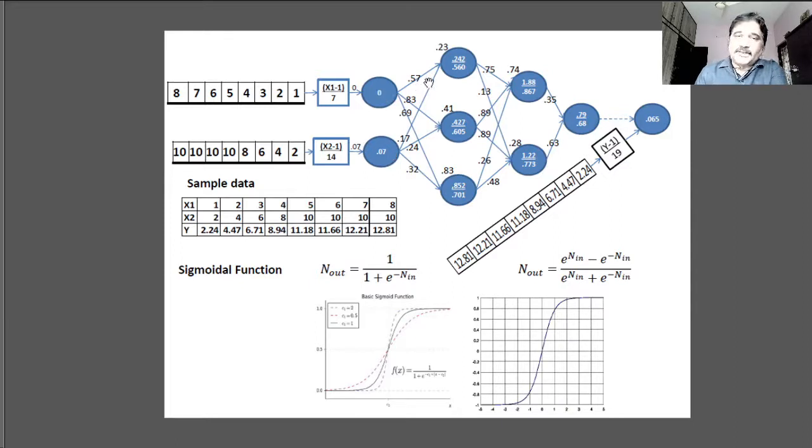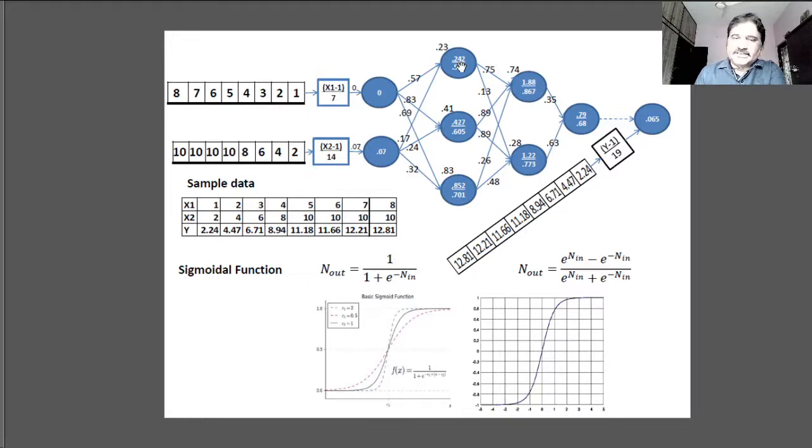The value in this neuron is multiplied by the weight connecting this neuron with this neuron, plus the value in this neuron multiplied by the weight connecting this neuron and this neuron. This sum of the products is added. For example, 0 into 0.57 plus 0.07 into 0.17, that is going to be 0.242, right?